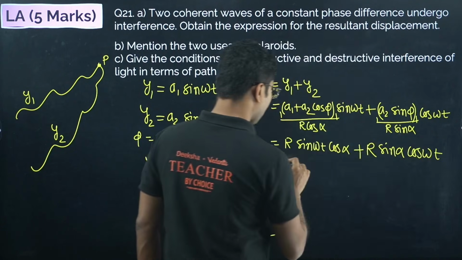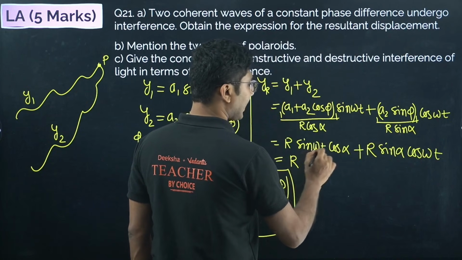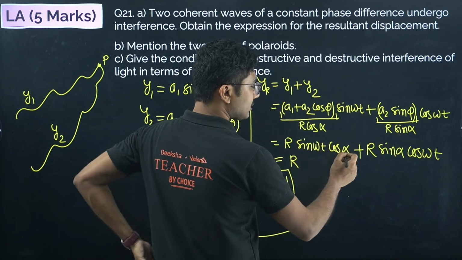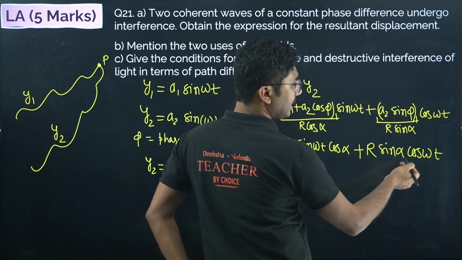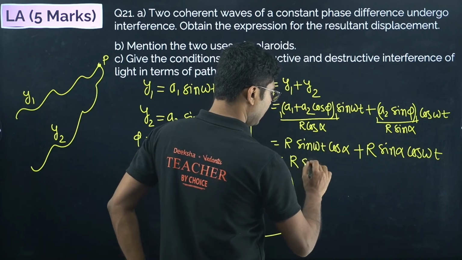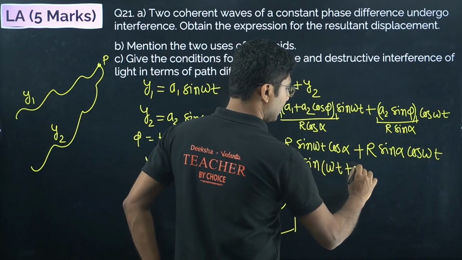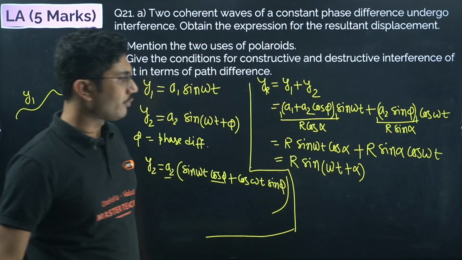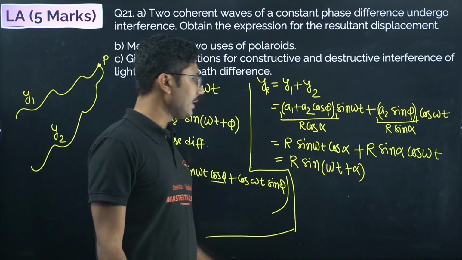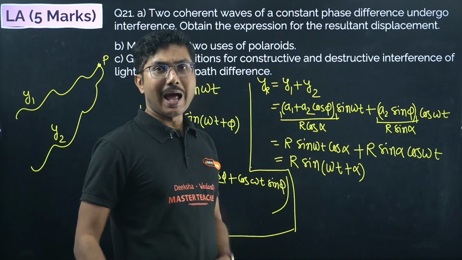If you take r common, you get sin A cos B plus sin B cos A, that means r sin(omega t plus alpha). Again, this is our equation of wave oscillation, where r represents the amplitude.